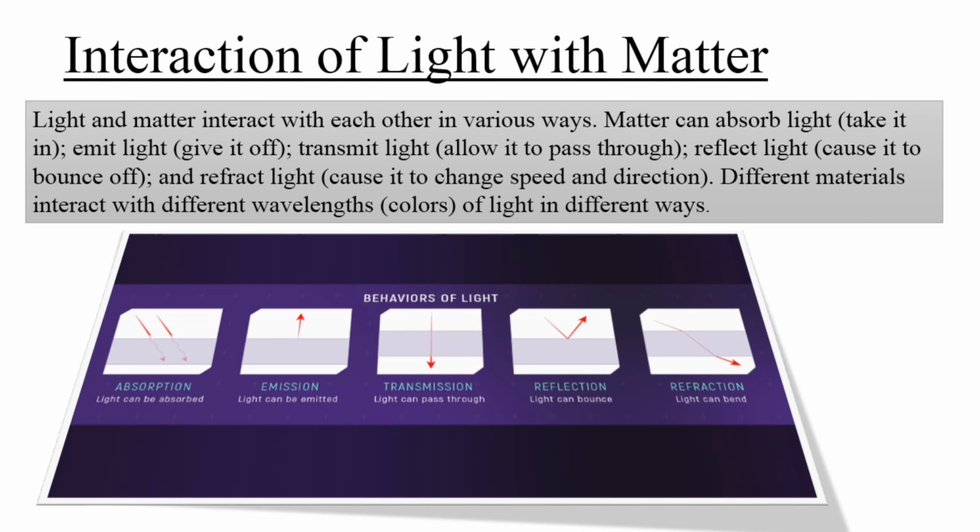So different materials interact with different colors of light in different ways, which is why we see colors and why objects look the way they do. So light and matter are constantly interacting, absorbing, emitting, transmitting, reflecting, or bending light, which creates the beautiful world we see.